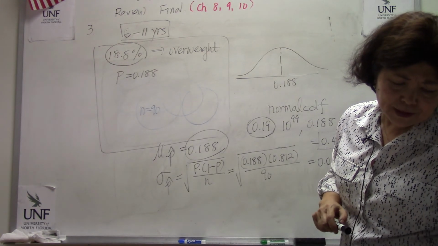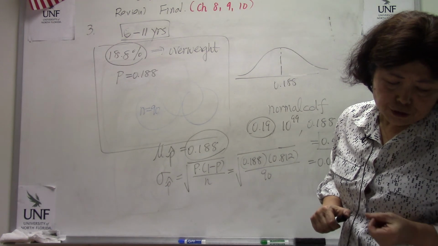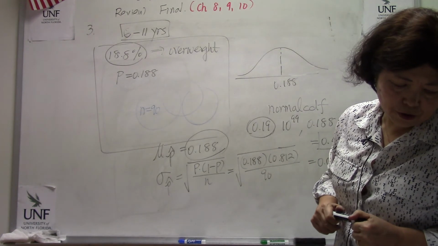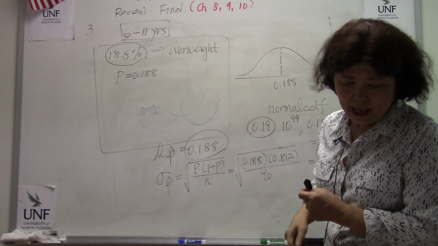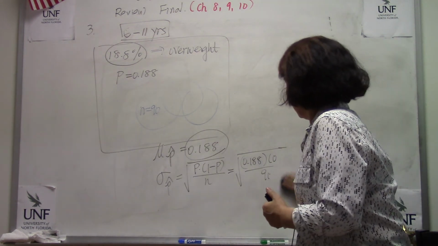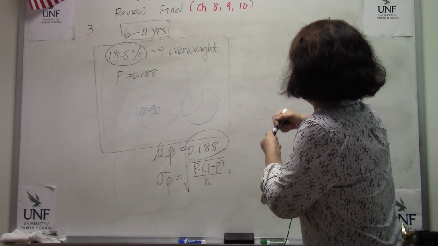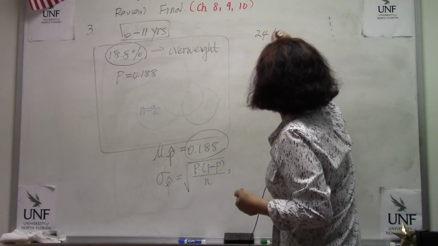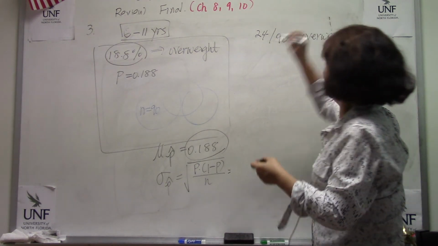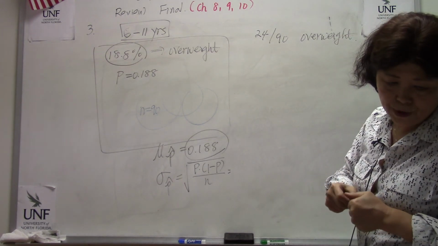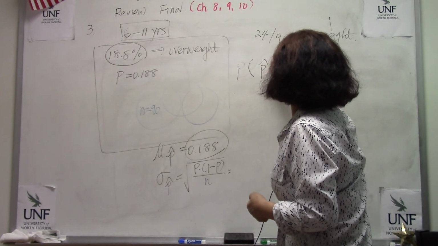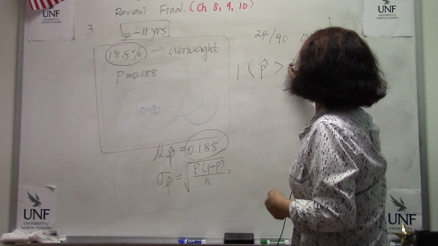The next one, B. Suppose a random sample of 90 school-aged children results in 24 overweight children. What might you conclude? Out of 90, this time 24 of them are overweight. What is the probability of this? This time the probability that p hat is greater than 24 over 90.